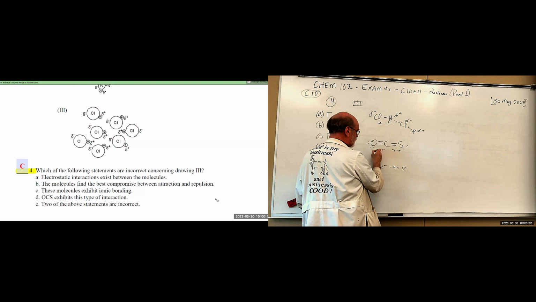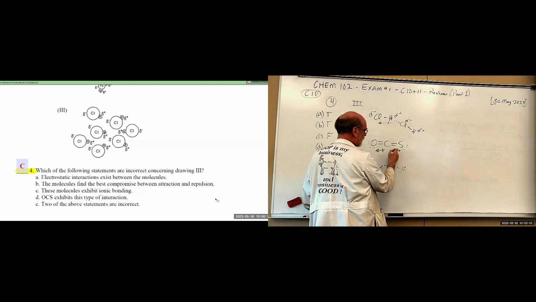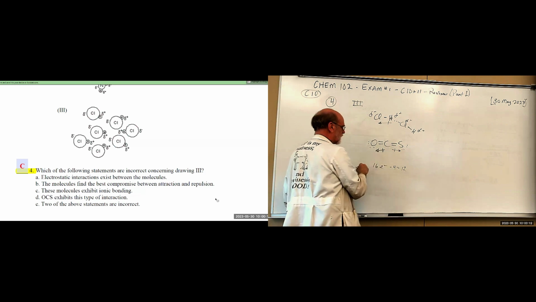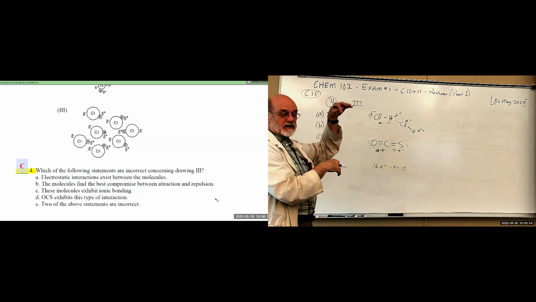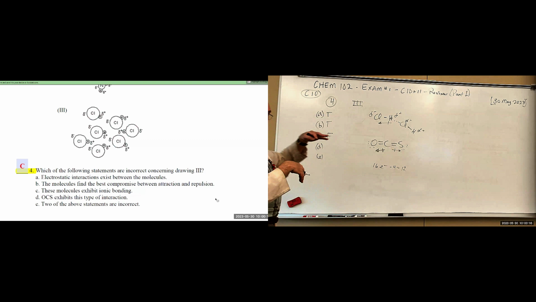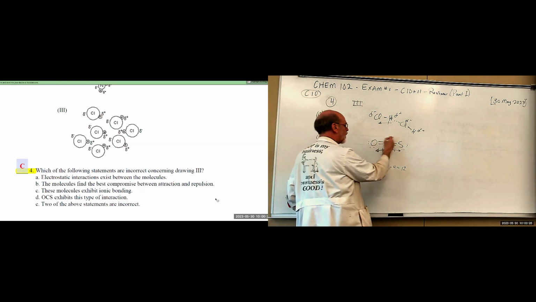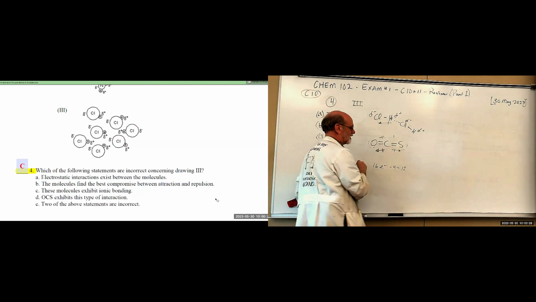But this one is a stronger dipole than this one is, because oxygen is above sulfur. And remember the trends, the vertical trends: increasing electronegativity as we go up. So from here to here, oxygen's more polar. So overall, we get polarity like that.